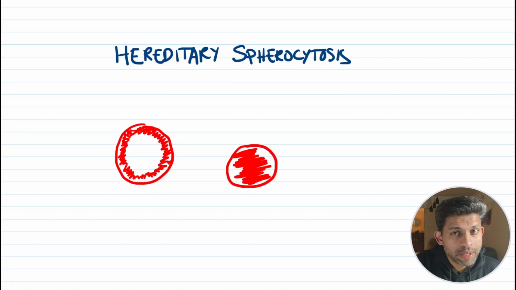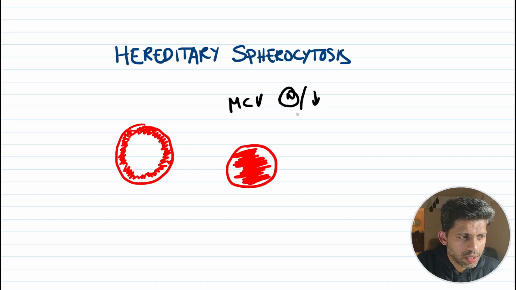Now let's look at some important investigations for hereditary spherocytosis. When you do a complete blood count, you get to see that the size of the RBCs is normal to slightly reduced, meaning mean corpuscular volume can be normal or slightly reduced. But the striking difference from all other conditions is mean corpuscular hemoglobin concentration.